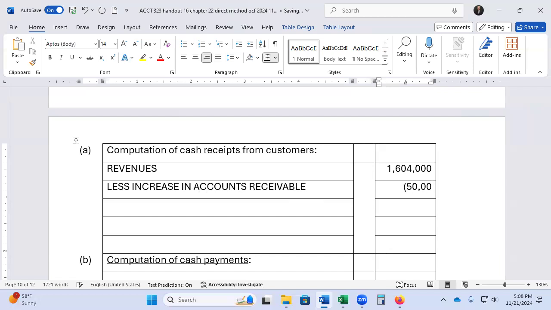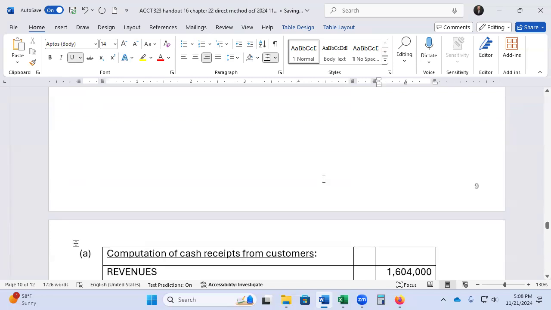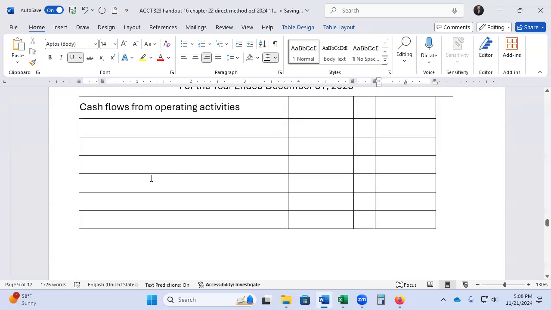And so this is 50,000. And so cash receipts from customers are 1,554,000. So we carry that back up. $1,554,000.